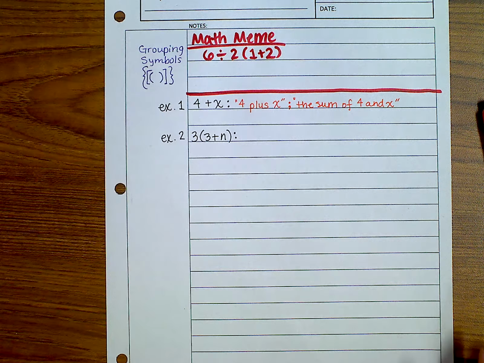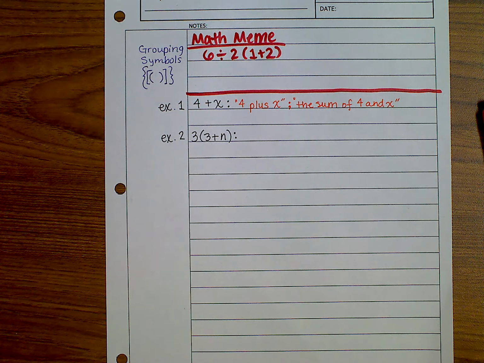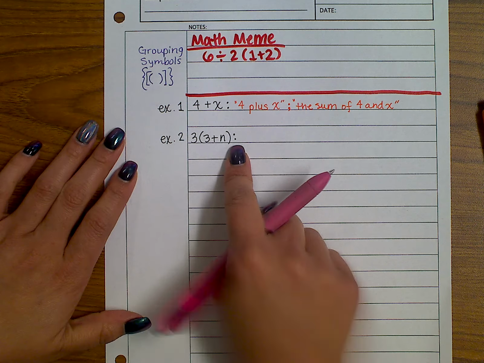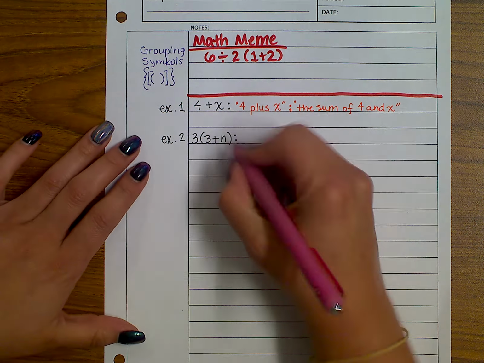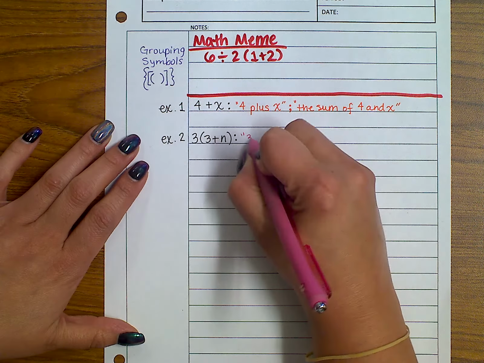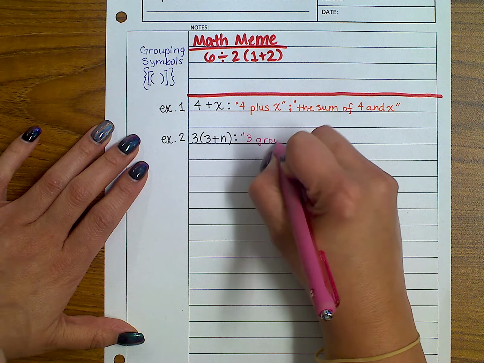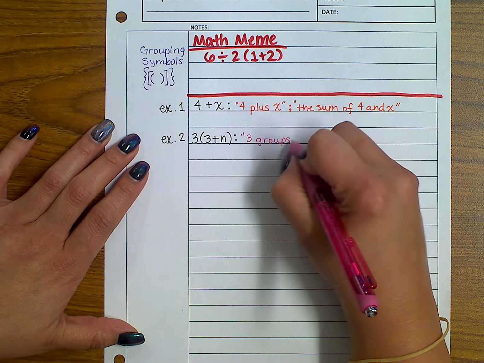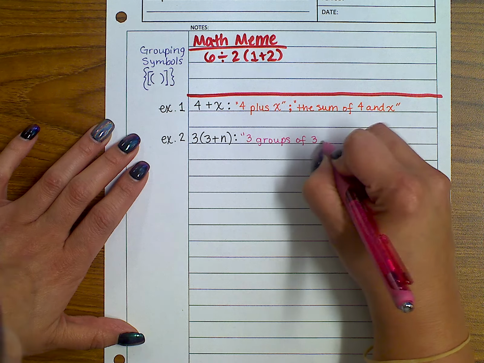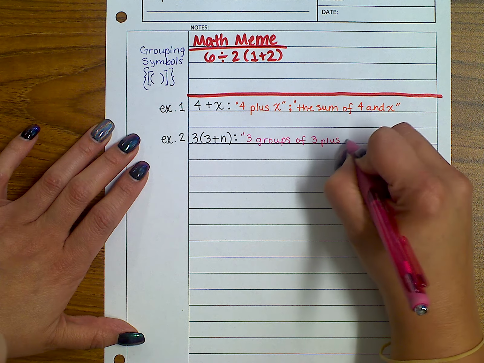The purpose of these symbols is to, well, group. So the way that you would want to describe this expression as a verbal statement would probably be 3 groups of 3 plus n.